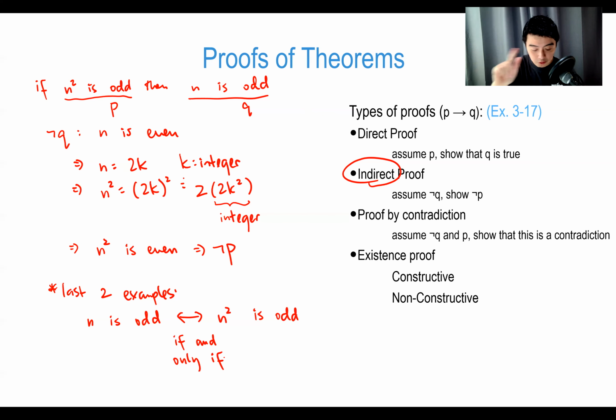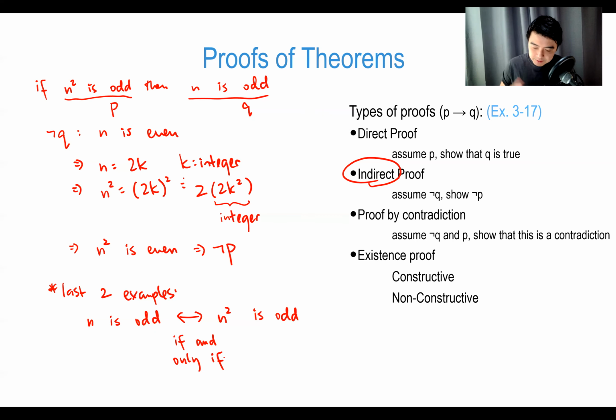I need to do both the forward direction and also the backwards direction. So it's two separate proofs. And usually one direction is direct and the other has to be indirect. And one will be easier than another, right? So for each of those proofs, it should lend itself to one type of proof or another.